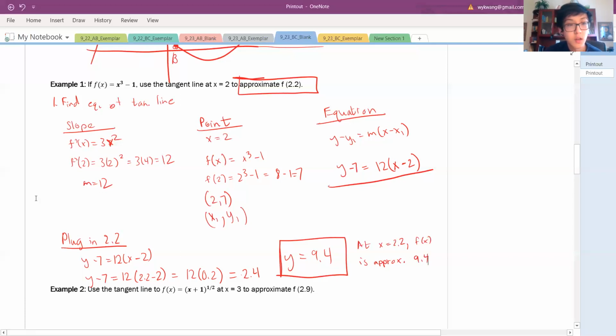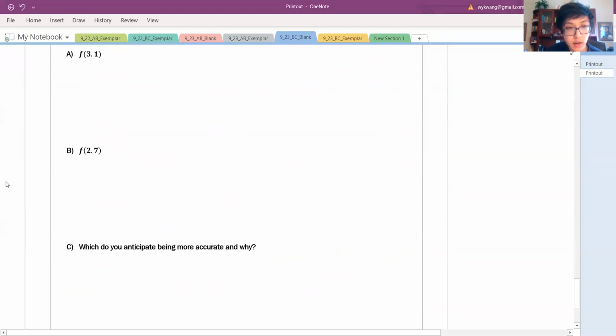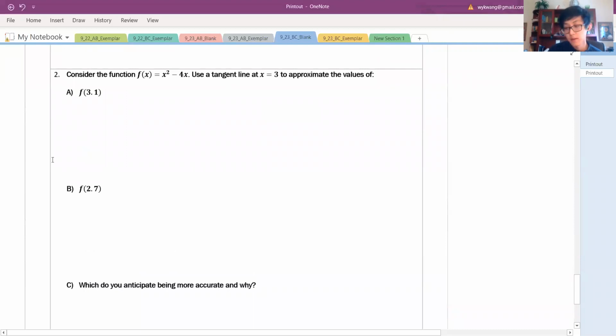Okay, so hopefully everyone has that copied down and understands that process. I'm going to skip down to a few practice problems. I'm going to have everyone do number 2. Take probably 5 to 6 minutes.